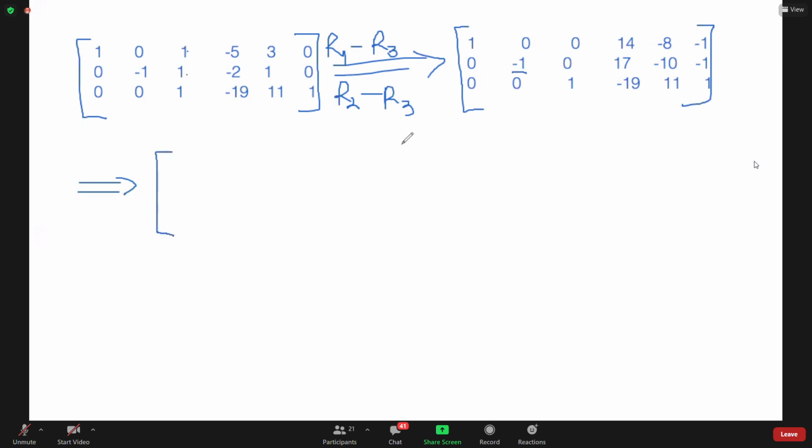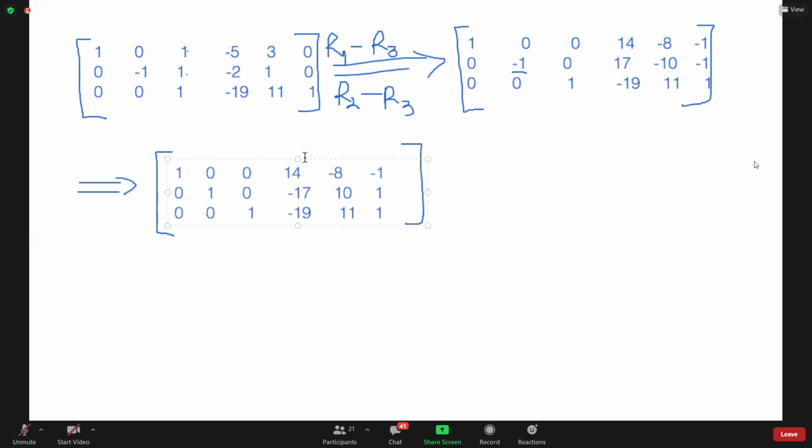Which makes me come up to my final matrix. The matrix 1, 0, 0, 14, minus 8, minus 1, 0, 1, 0, minus 17, 10, 1, 0, 0, 1, minus 19, 11, 1.